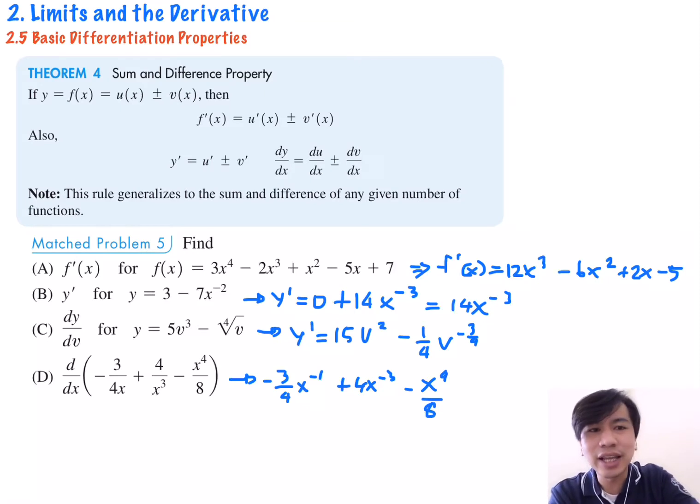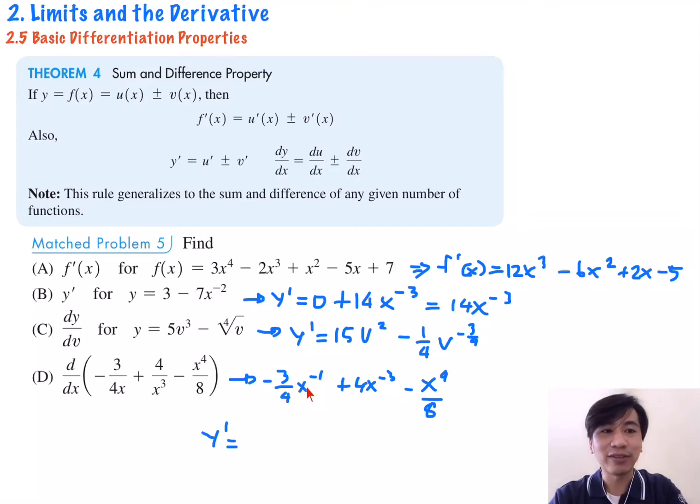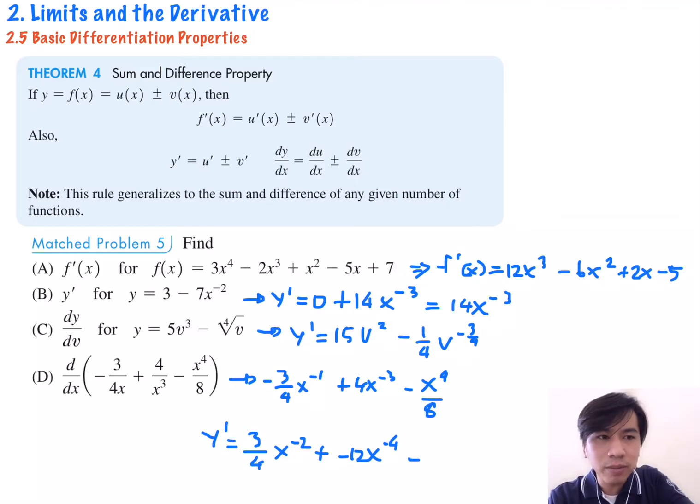And then the derivative y prime will be equal to negative 1 times negative 3 over 4, which is 3 over 4 x to the power of negative 1 subtract 1, so negative 2, plus negative 12 x to the power of negative 4, and then minus 4 times 1 over 8, which is half, and then x to the power of 4 minus 1, which is 3, so we'll get negative half x to the power of 3.